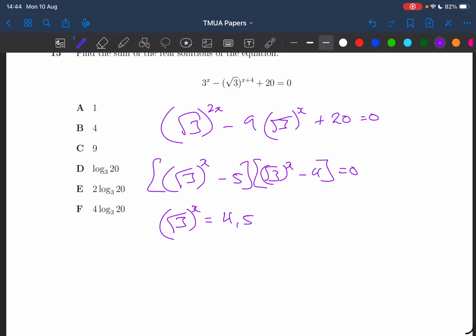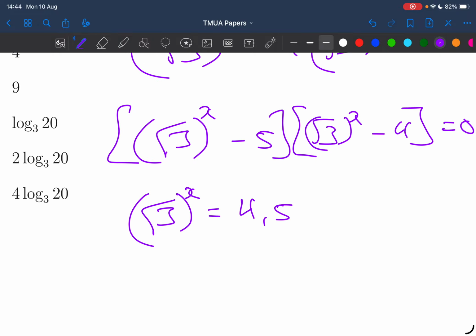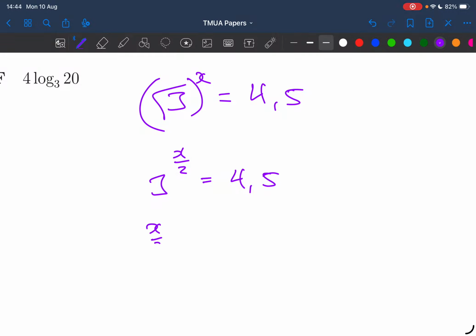That looks good. And now we want to figure out what to do here. This isn't looking so nice, is it, with the roots. This is now where we go back to it being 3 to the power of x over 2 is equal to 4 and 5. So x over 2 is equal to log base 3 of 4 and log base 3 of 5.